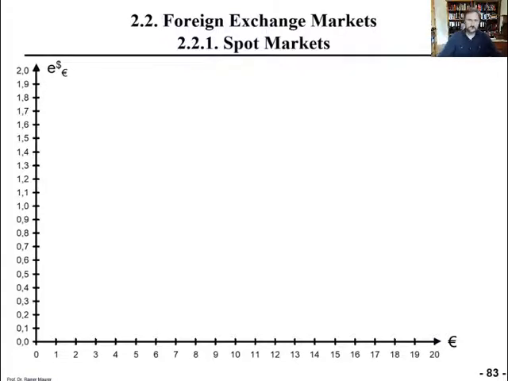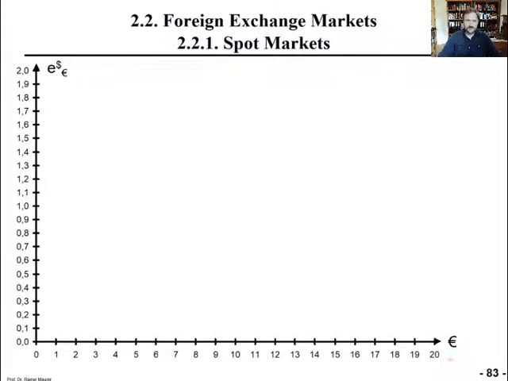On the market where euro is traded for dollar, we measure the exchange rate on the y-axis in terms of dollar per euro, and the volume of traded euros on the x-axis.